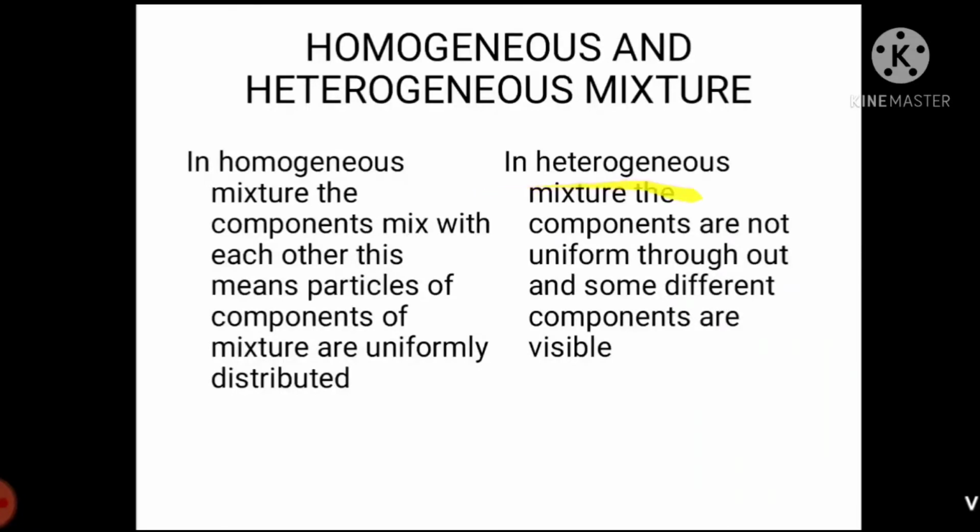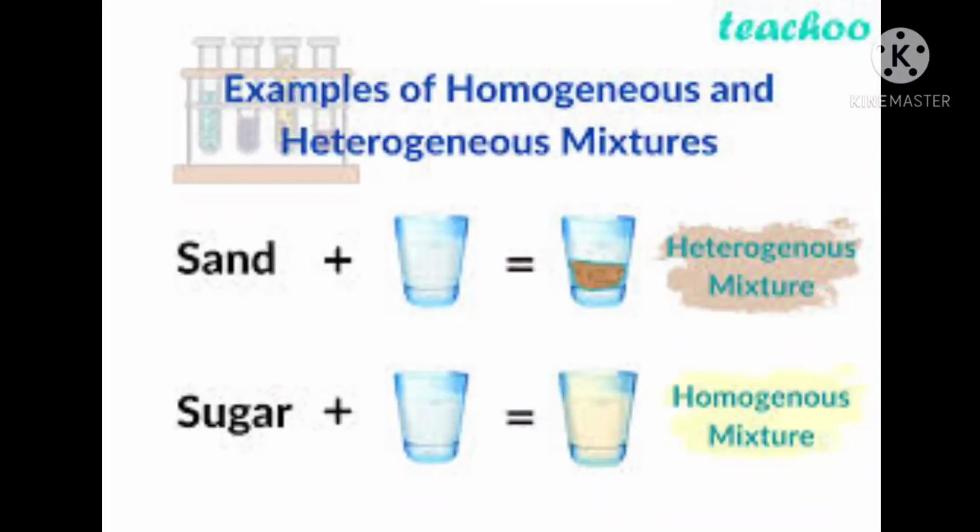In the case of heterogeneous mixture, the components are not uniform throughout and some different components are visible. When sand is mixed with water, it is a heterogeneous mixture. When sugar is added into water, it is a homogeneous mixture.